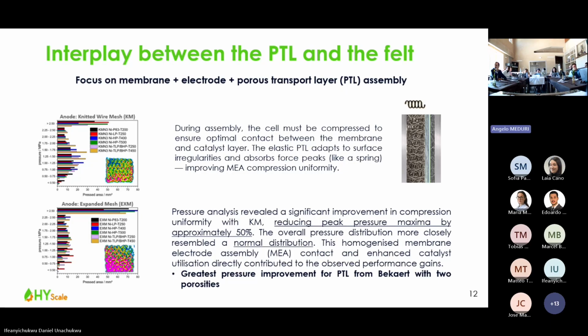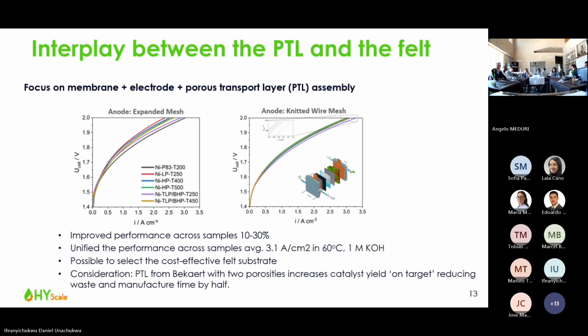So our stacked components in the end have an expanded mesh with very high porosity, then the knitted mesh, and then still a PTL with two porosities, because the porosity on top is quite low so that the catalyst layer can be applied much better. When comparing all these PTLs on top with one knitted mesh, we see that the performance is quite similar.